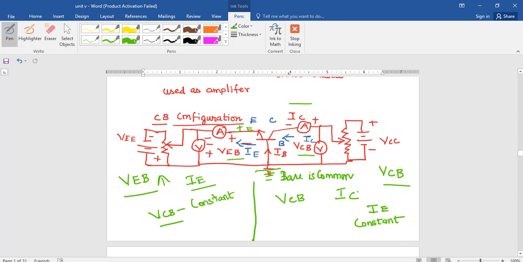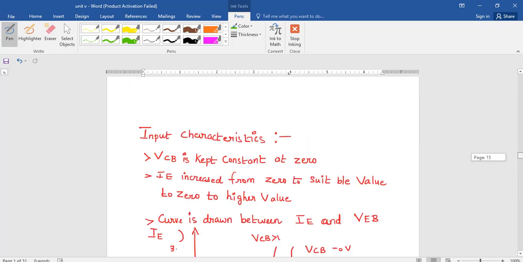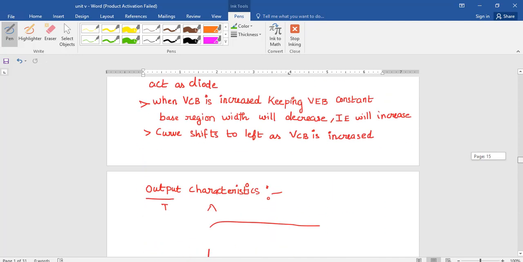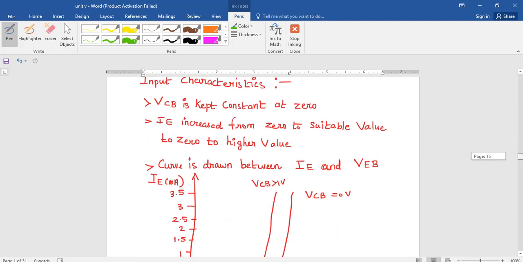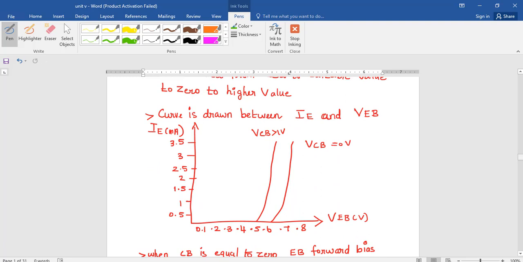Now let us go into the curve. Now this is your input characteristics. It is drawn between VEB and IE. In this process, VCB is kept as 0.